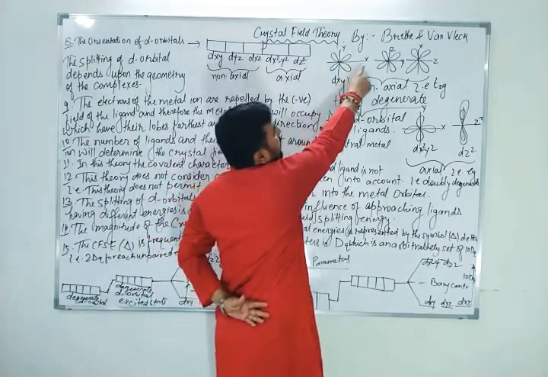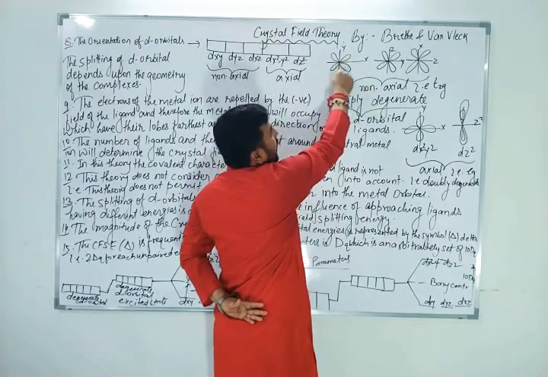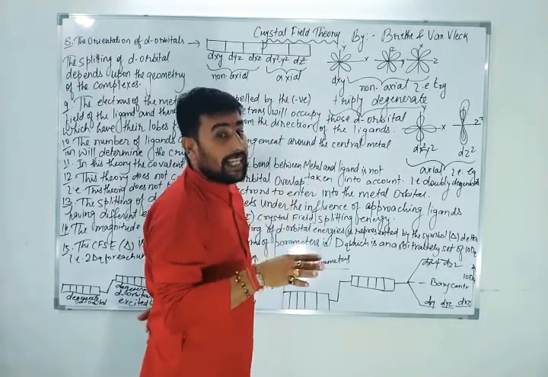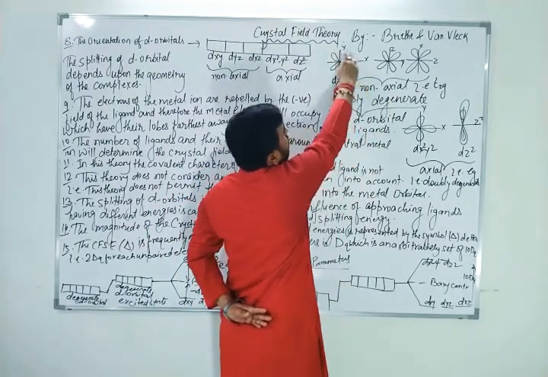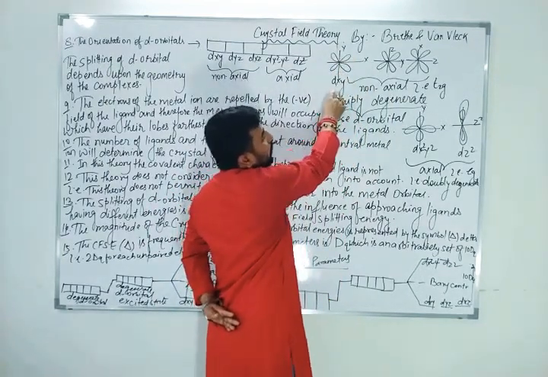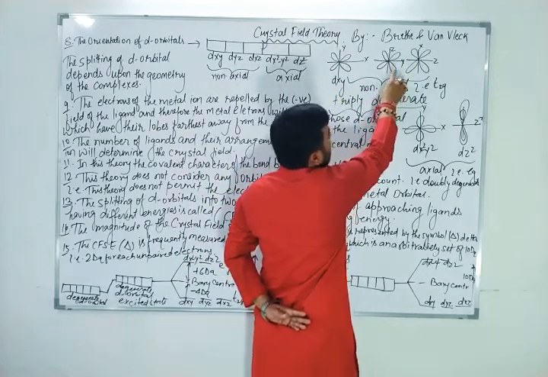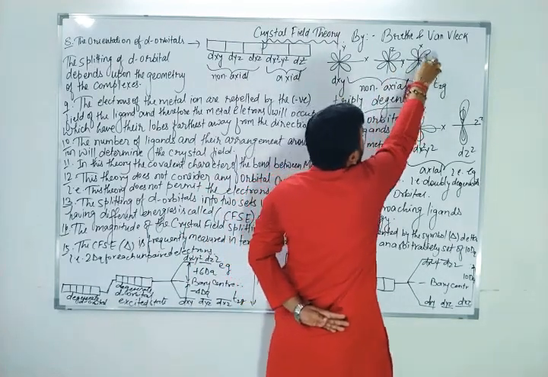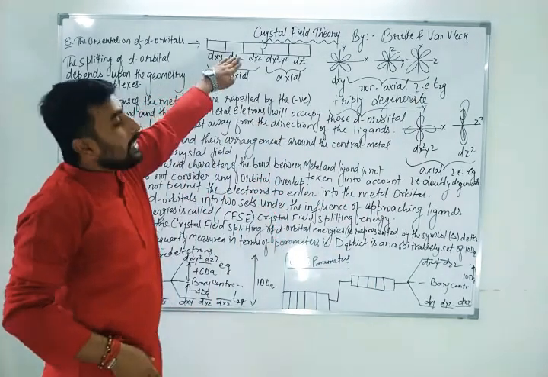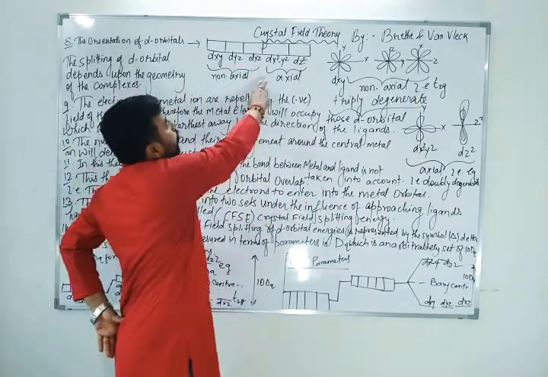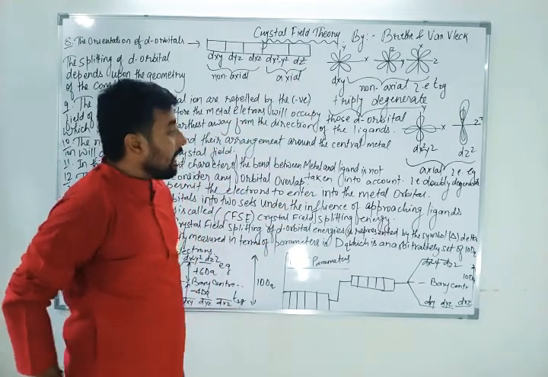You can see here this is the x axis, this is the y axis. They lie between the axes, not on them, so they are known as non-axial. Between the x and y axes is dxy, between y and z is dyz, and between z and x is dzx.